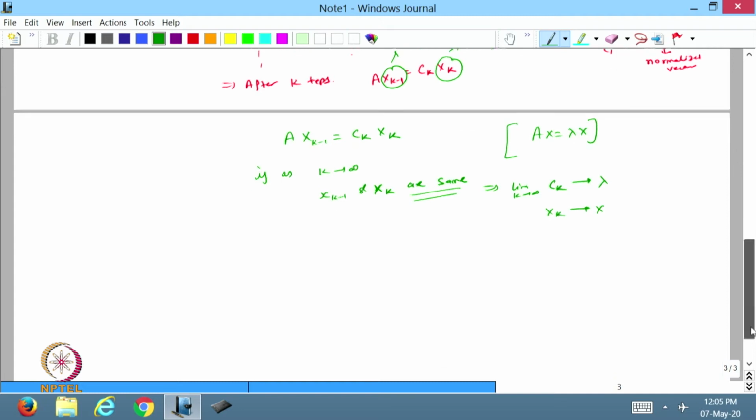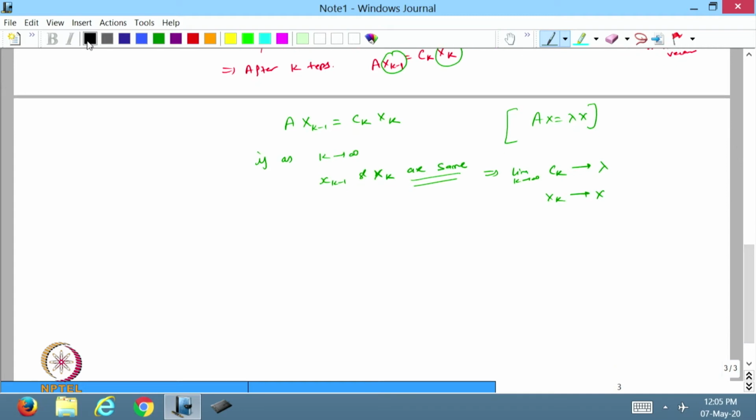Now, before that, there is one more term we want to define, that is the dominant eigenvalue. So, what is the dominant eigenvalue? Suppose I have an n cross n matrix. From linear algebra we know that an n cross n matrix has n eigenvalues. So, suppose I write lambda 1, lambda 2 up to lambda n, these are the n eigenvalues of this matrix. These eigenvalues may be complex also, it does not matter.